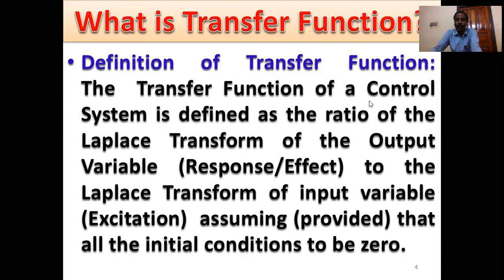The transfer function of a control system is defined as the ratio of the Laplace transform of the output variable, also called response or effect, to the Laplace transform of the input variable, also called excitation or cause, assuming that all the initial conditions are zero.